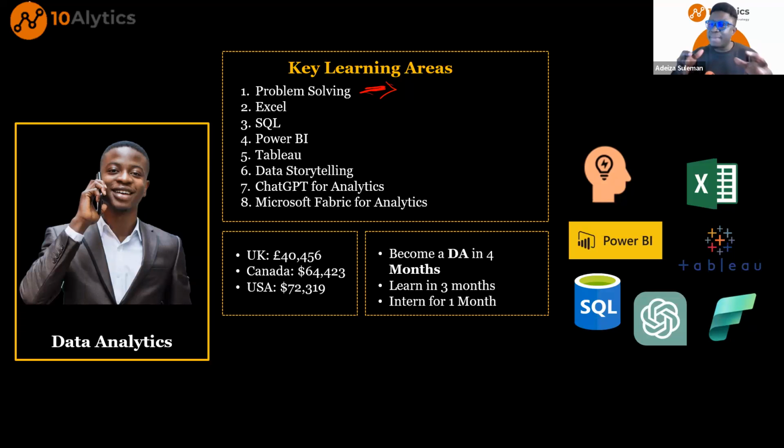You need to know how to break problems into different parts, multiple parts. Looking at the data that I have, what are the type of insights I can generate? How do I leverage different techniques like the McKinsey-Macy model, the prioritization matrix, what is important, what is not important? How do I get to the root cause of the problem using the 5 Whys technique? Analytical thinking can be learned from problem solving. So that's the very first skill you need to learn as a data analyst.